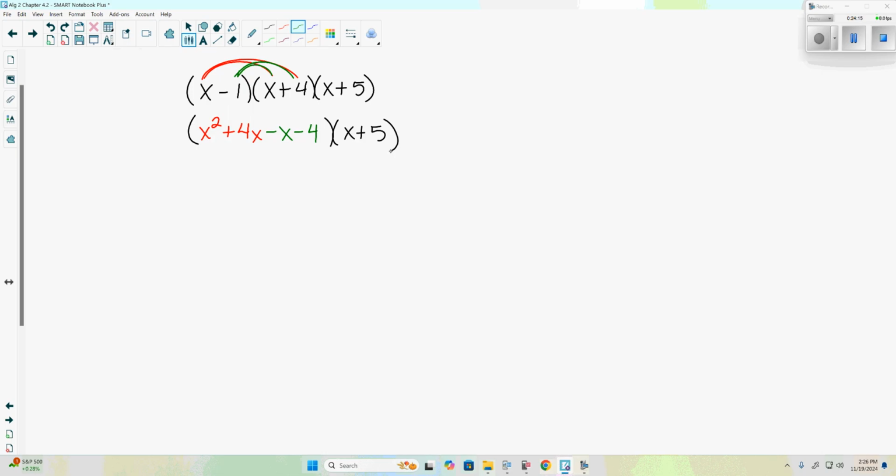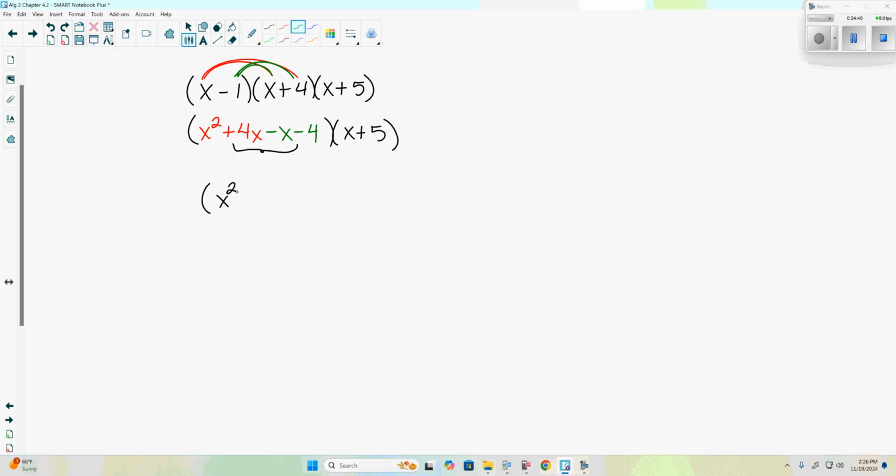Giving us this here. Now we could start the multiplication process here. We can just start multiplying through. The biggest thing I would say is combine like terms if you have them before we start multiplying again. Now for this here, it's not going to make a big difference. We'll just have 2 extra terms. Because we do have like terms here, 4x and negative x.